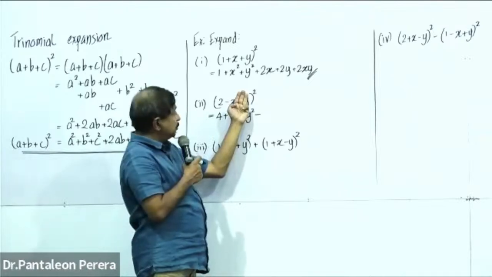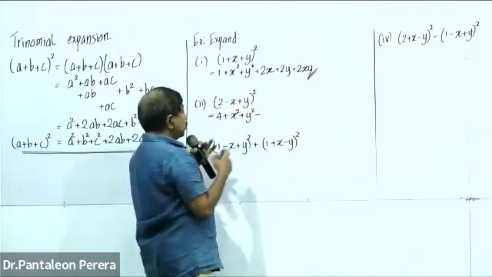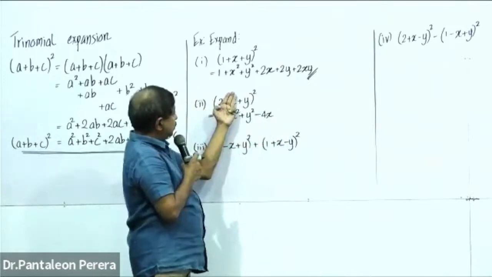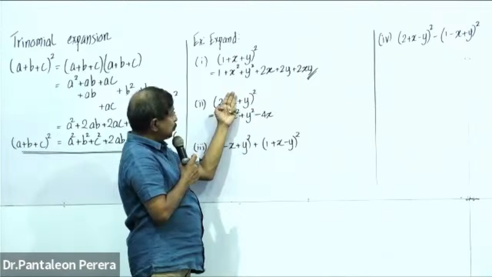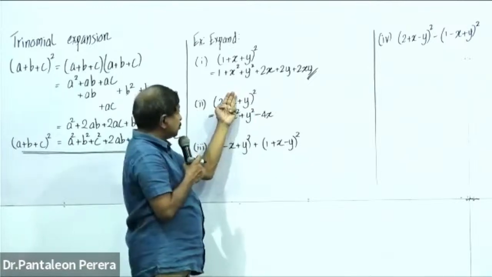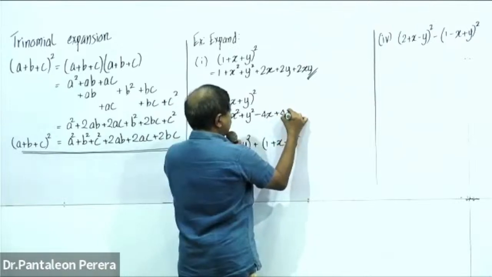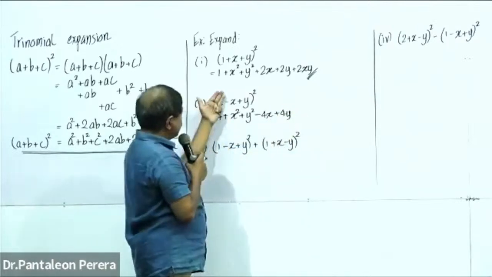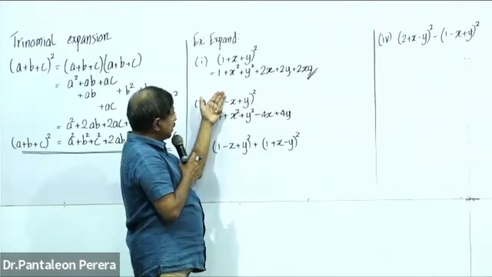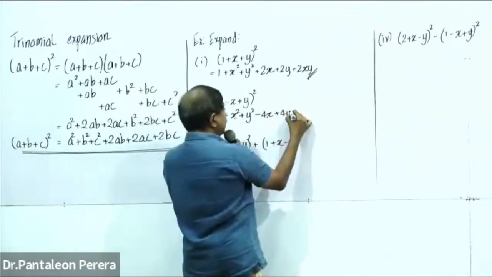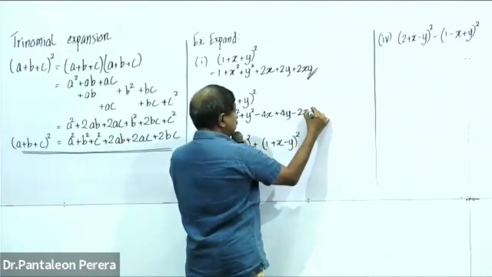Right? 2 times x, 4x. Now close this. You have 2 times y. The product is positive. It is 4y. Now close this. It is 2 times y times minus x. The only negative sign will make it negative. The product will be 2xy.